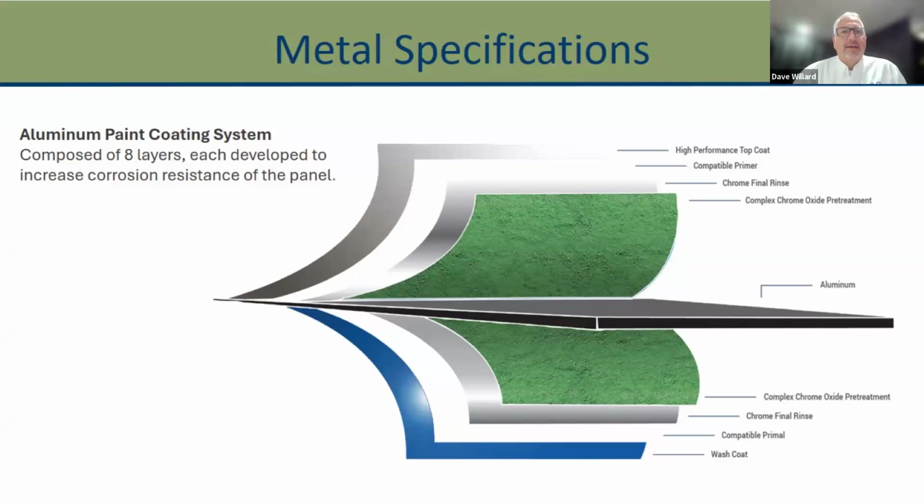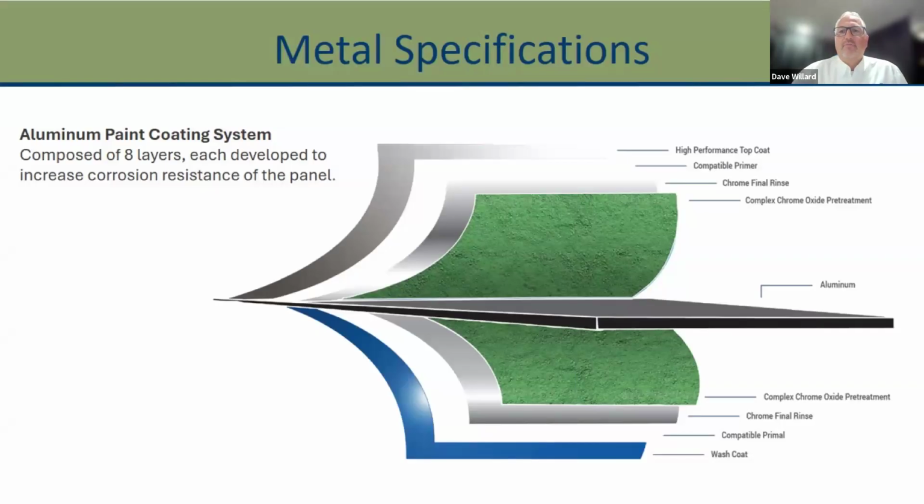And that coating process for aluminum as a substrate really is composed of 8 layers, each developed to increase the corrosion resistance of the panel. So the first thing they do, which might be hard to read on your screen, but they do a chromium oxide pre-treatment, and the pre-treatment is critical to treat the substrate to get it ready to hold on the primer.